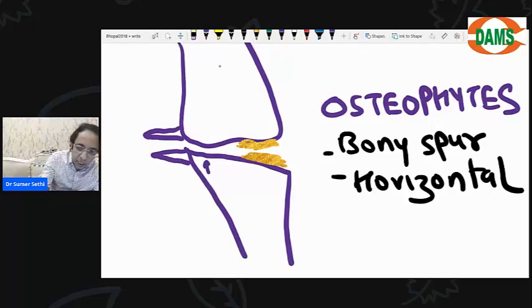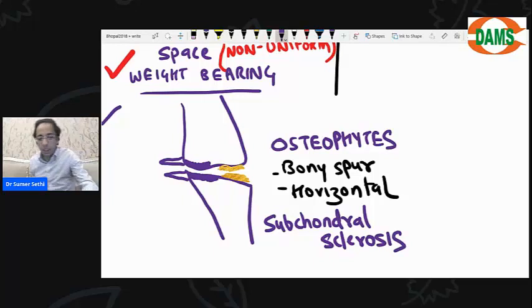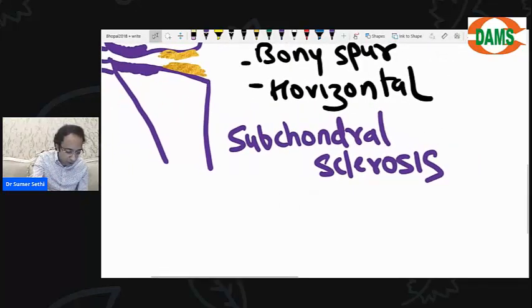When the bones are directly hitting each other, the bony trabeculae get compressed and this area becomes dense. This is called subchondral sclerosis. There will be increased density of the articular surface because of the bones hitting against each other repeatedly. We will say subchondral sclerosis.